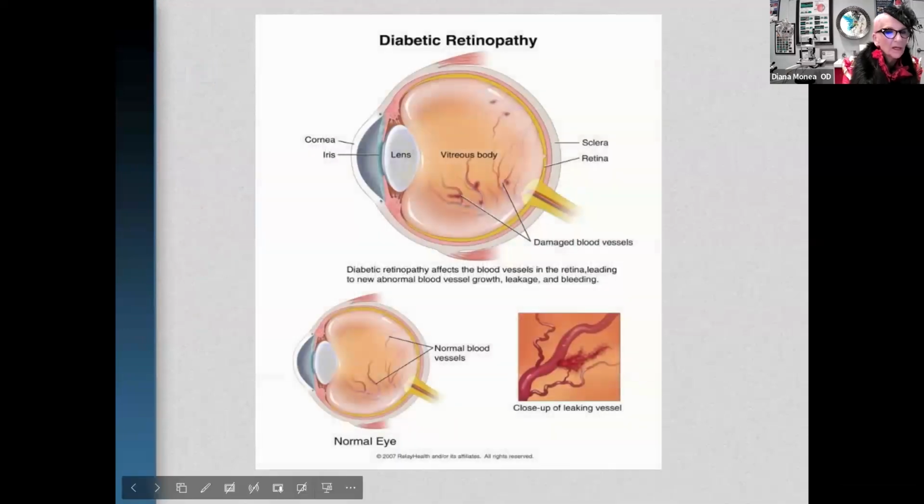So what is diabetic retinopathy? Well, diabetic retinopathy is when the glucose levels are too high. What happens is that the blood vessels at the very back of the eye become very fragile. And these blood vessels burst. And when they burst, they spill body fluid, that would be blood, all over the back of the eye, the retina.